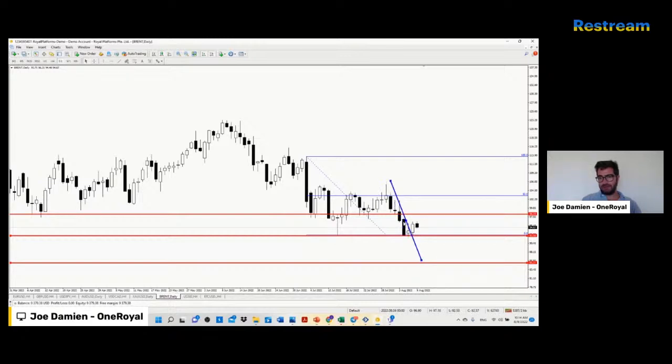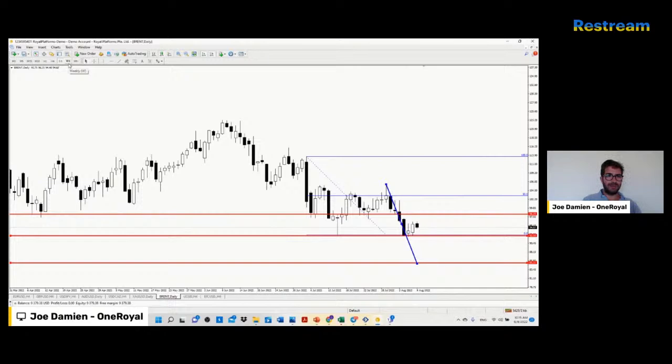This most probably will be equal to the AB previous impulsive wave. So AB, this one, and the new CD, which started at the end of the correction, most probably will end when the market reaches this 85 level.